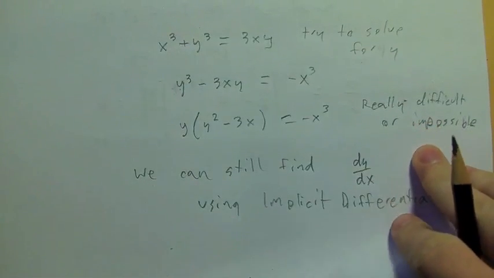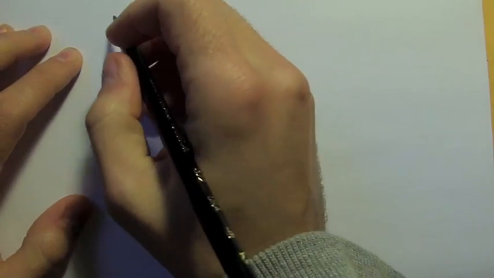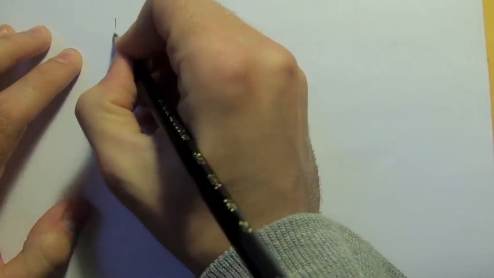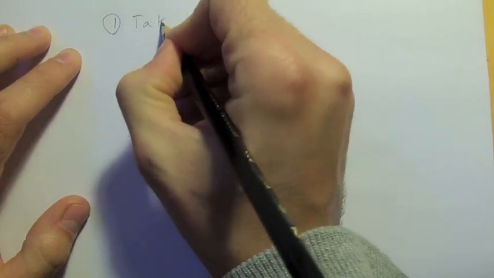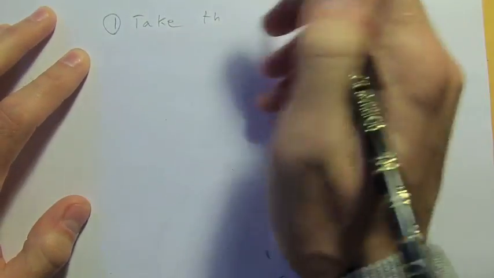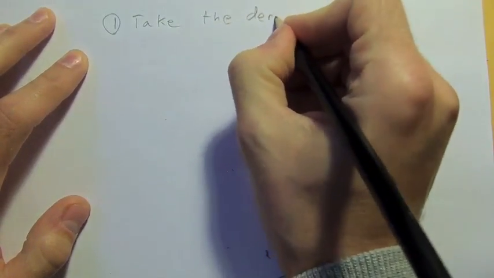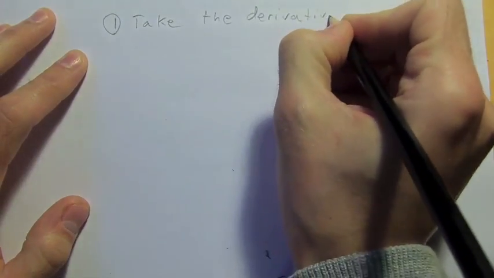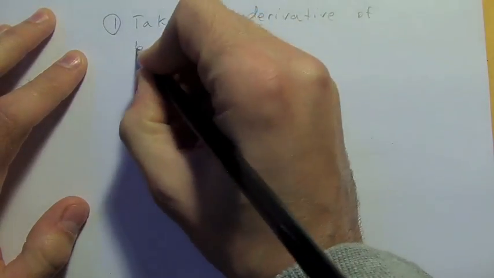And a lot of people seem to dislike implicit differentiation, but it follows just a couple of steps. One, you take the derivative of both sides.